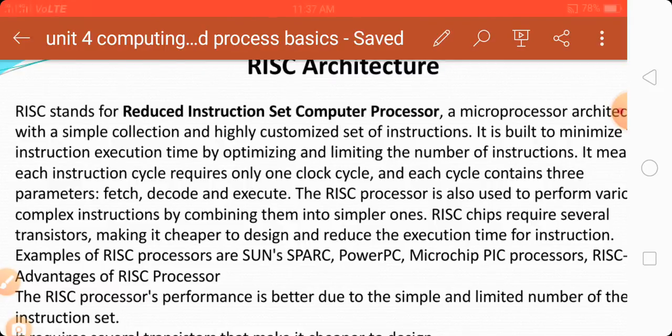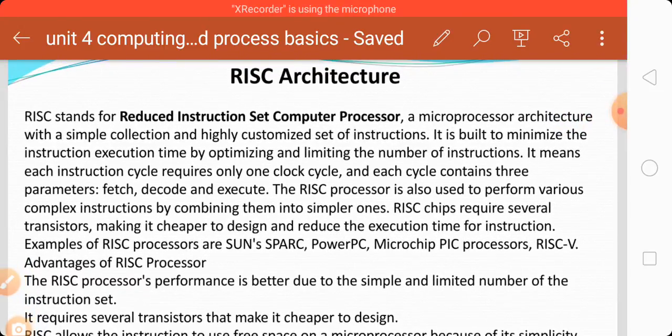RISC architecture uses each instruction in one cycle, and one cycle is used to fetch the instruction, then decode the instruction, and execute the instruction. So that is the simple structure we have to see here.